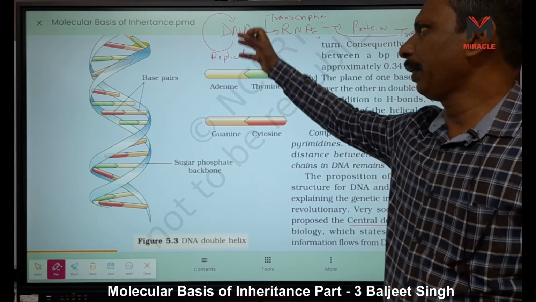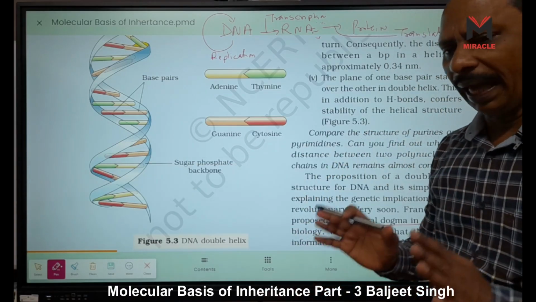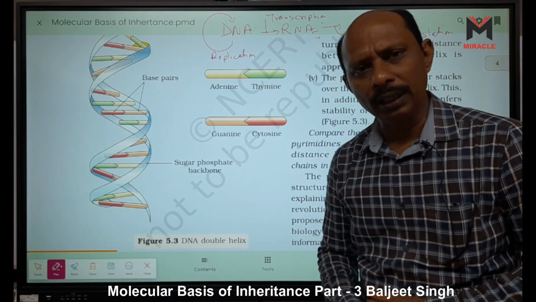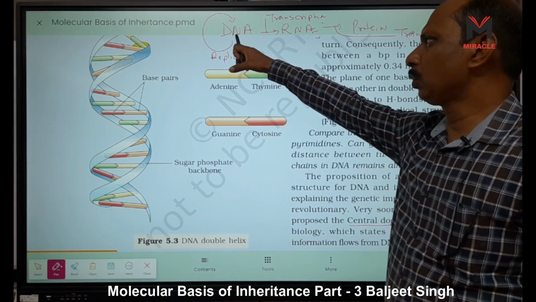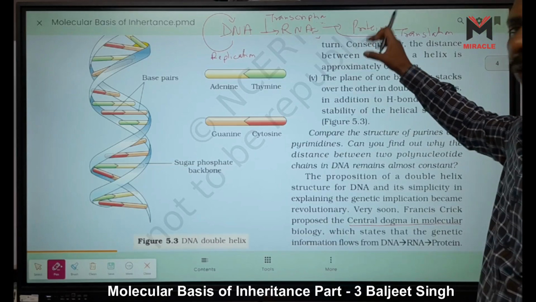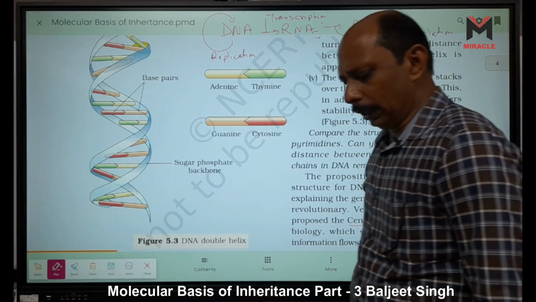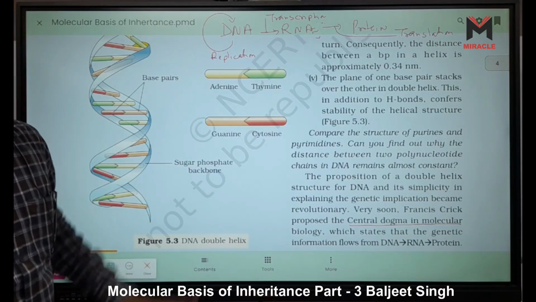That is replication. So all biological activities, or metabolic activities, or continuity of species, or life, totally depend upon these three terms: DNA to RNA, RNA to protein. First thing, this one is one-way direction. That is called central dogma.